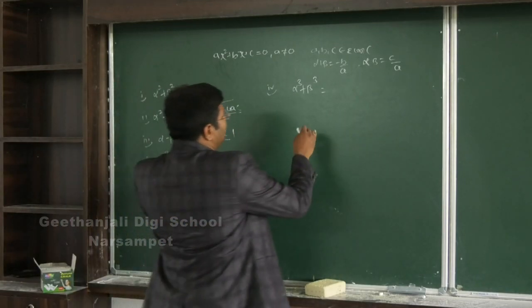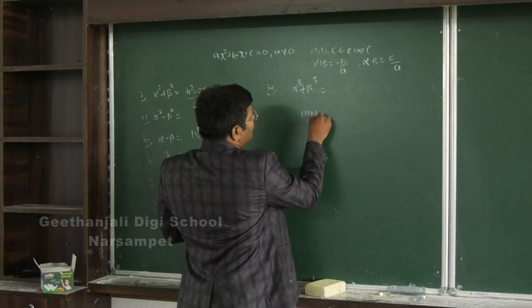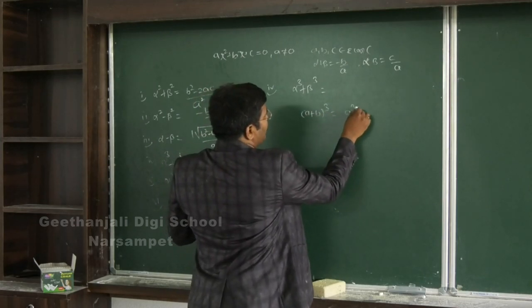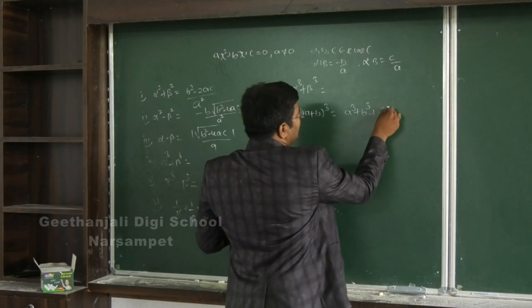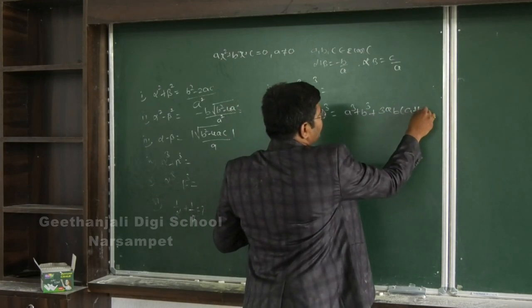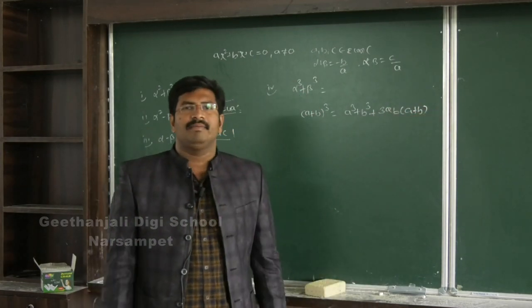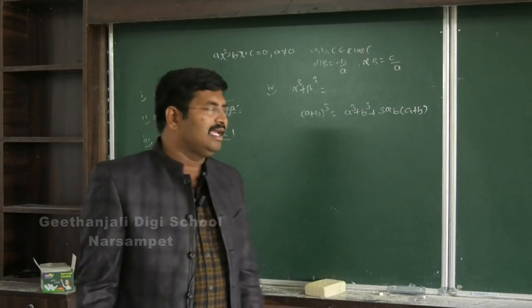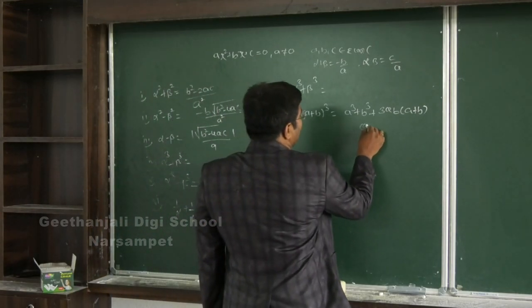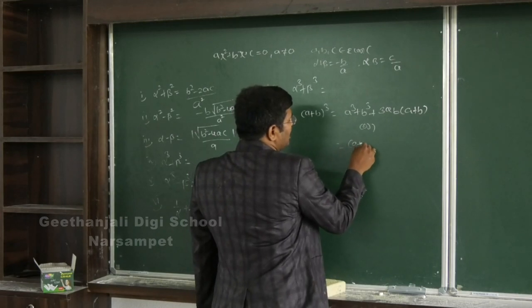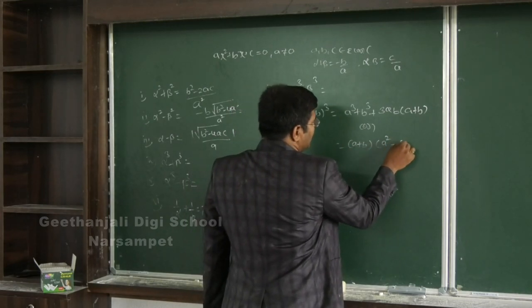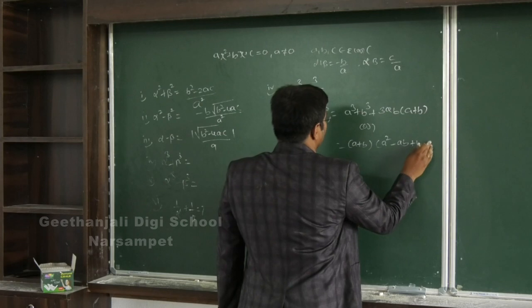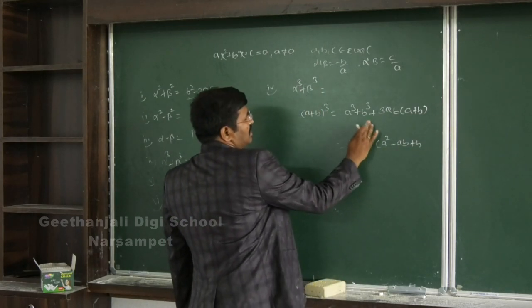We have the a plus b whole cube formula, which is a cube plus b cube plus 3ab of a plus b, or you can write as a plus b into a square minus ab plus b square also, that is a cube plus b cube.